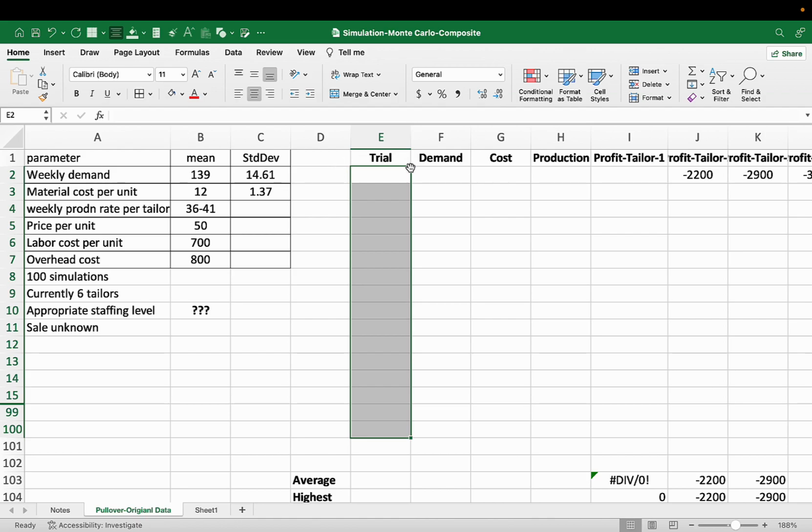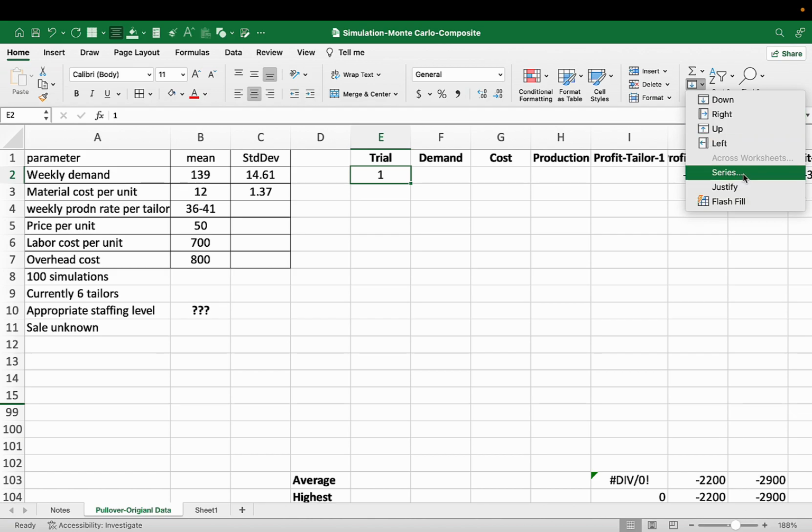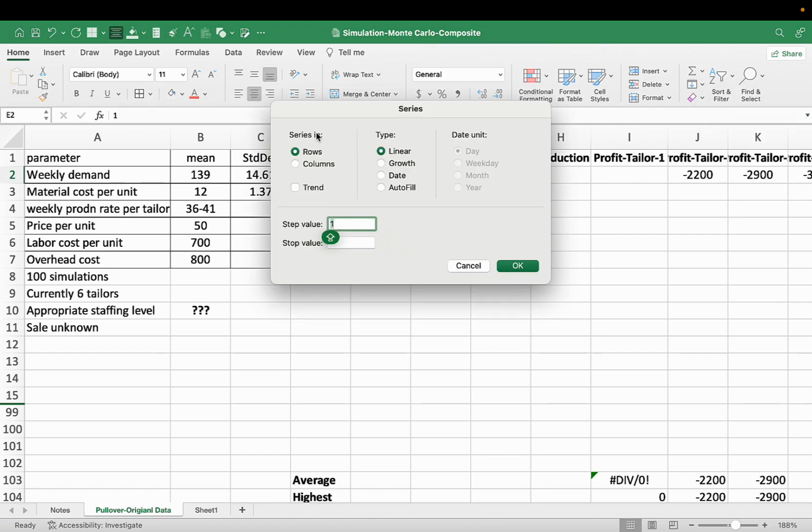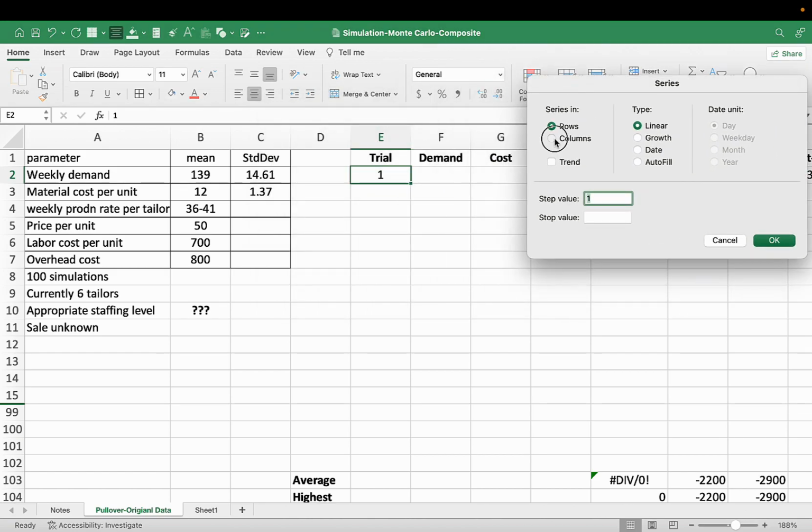There is another way which I like. I will write 1 here, click on it, and then in Home, click on Series, and in Series click on Column, because I want to fill this column. Make sure that you select Columns, not Rows, and then the step value is 1 and the stop value is 100.